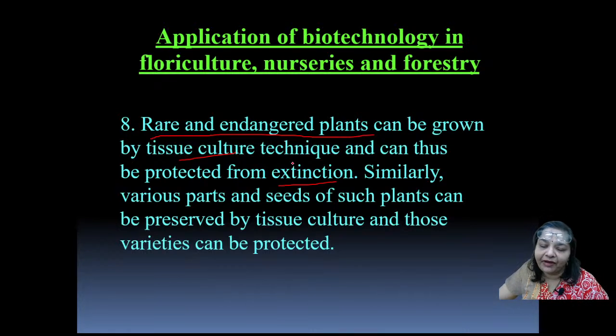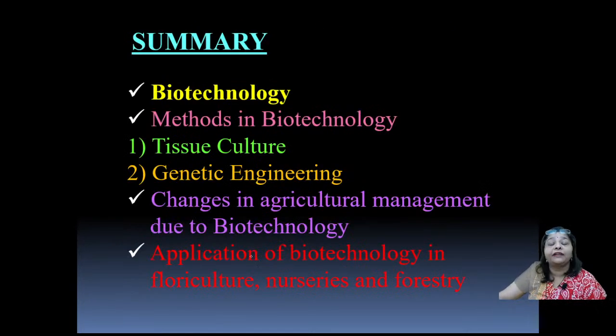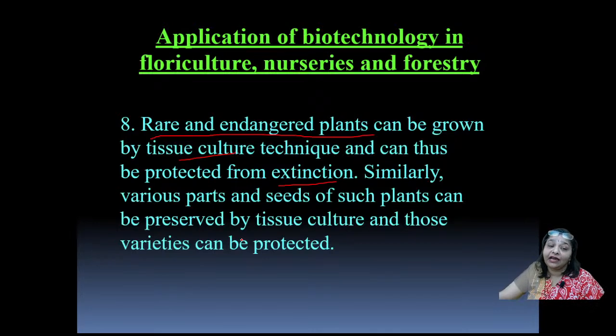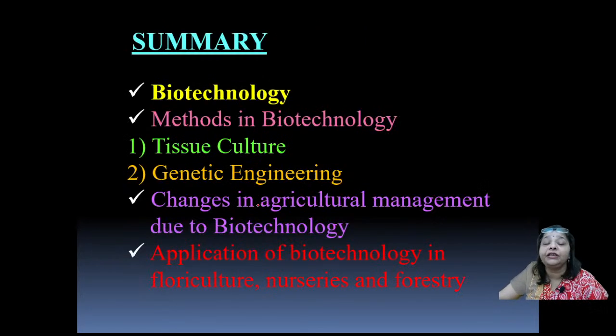So we could have saved many plants, we could have saved many animals also from extinction. Similarly, various parts and seeds of such plants and plantlets can be preserved by tissue culture, and of course those varieties can also be protected, right? So these are various applications of biotechnology.